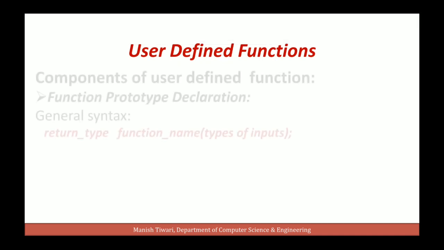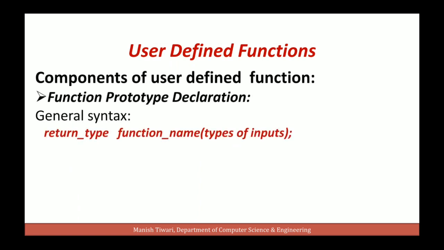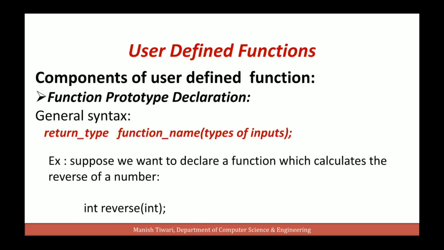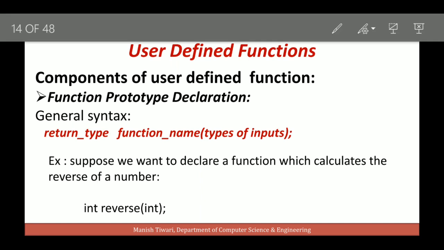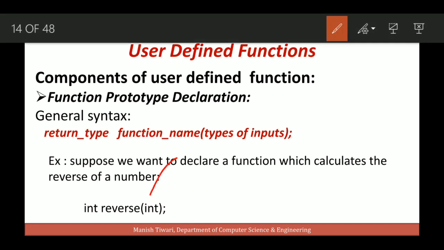Now you see here, suppose I have to declare a function which calculates the reverse of a number. So what will this function do? This function will reverse a given number. So it will take an integer as input. Here we will write the type of input, and this reverse is the name of the function. And what is this int?